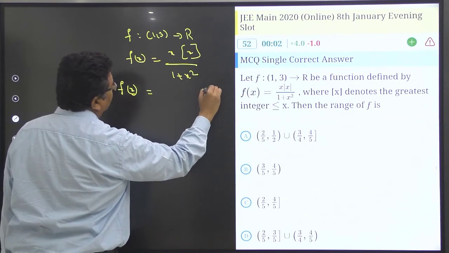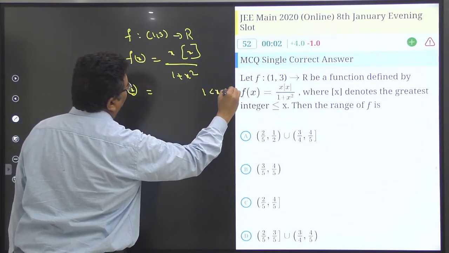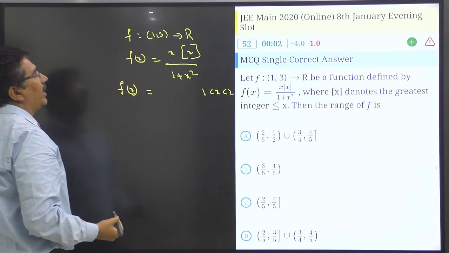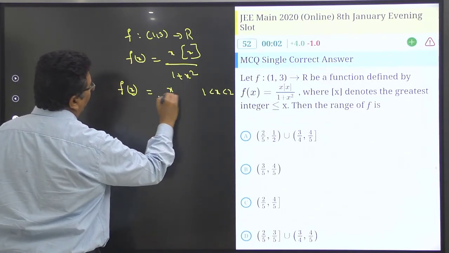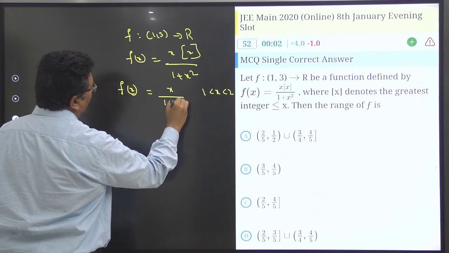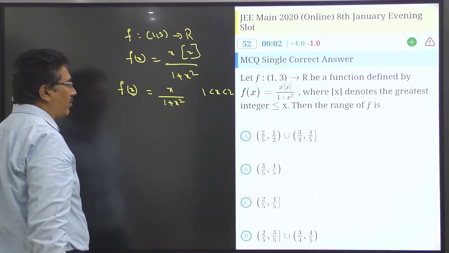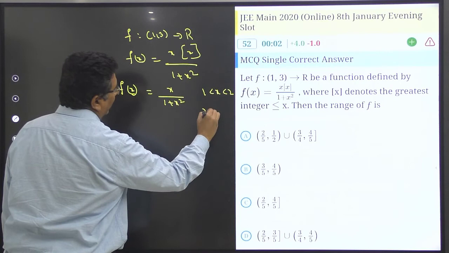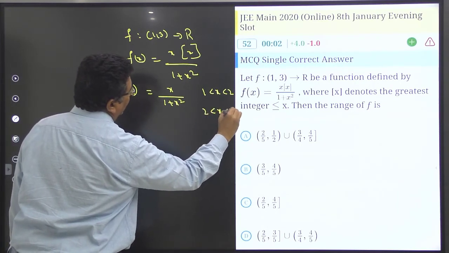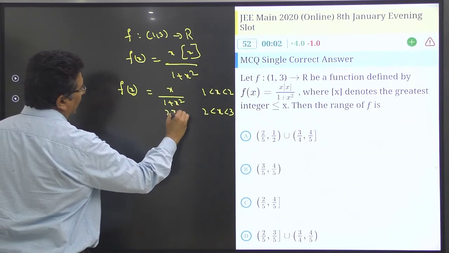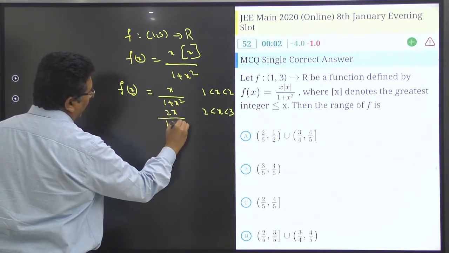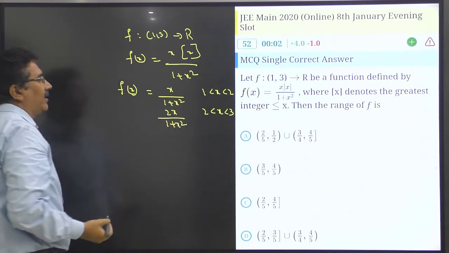If x lies between 1 and 2, box x is equal to 1, and f of x is equal to x by 1 plus x square. If x lies between 2 and 3, f of x is equal to 2x by 1 plus x square.